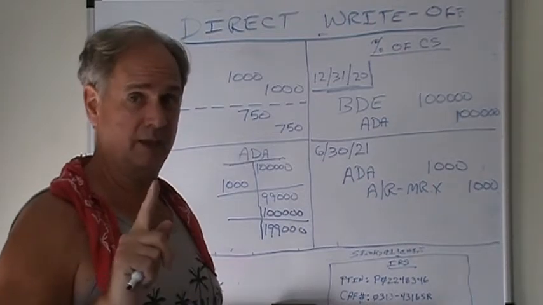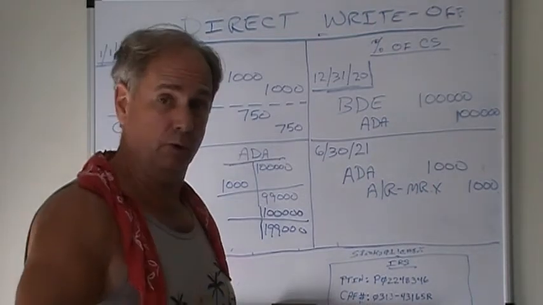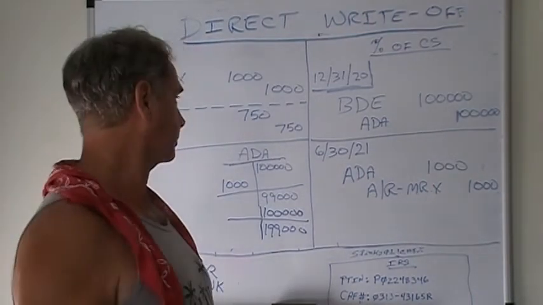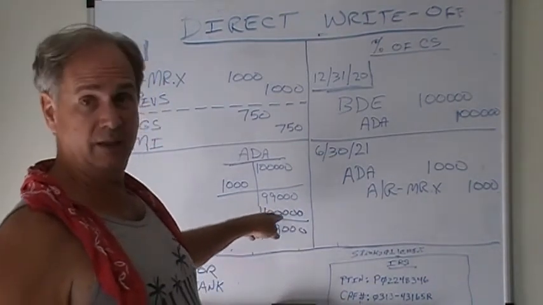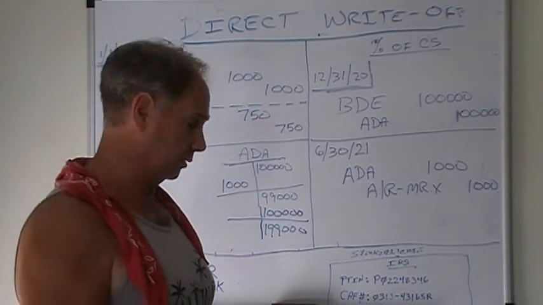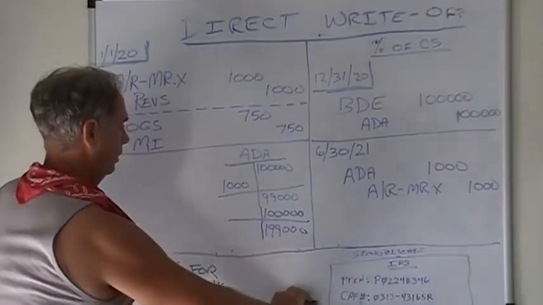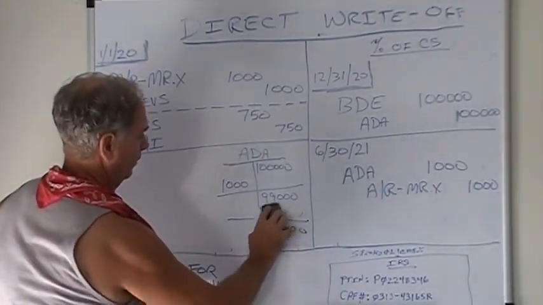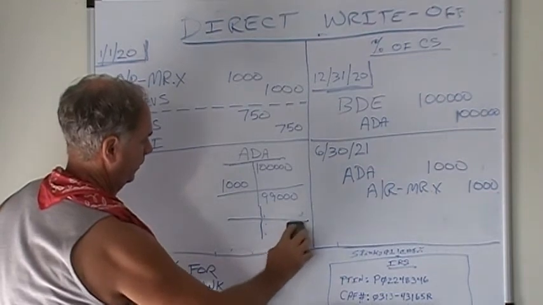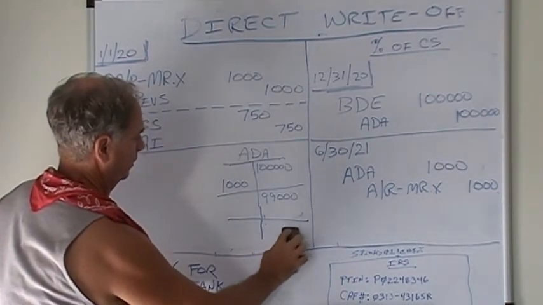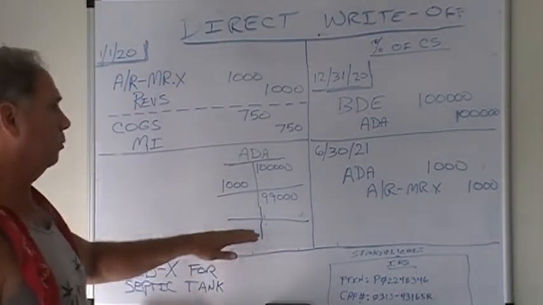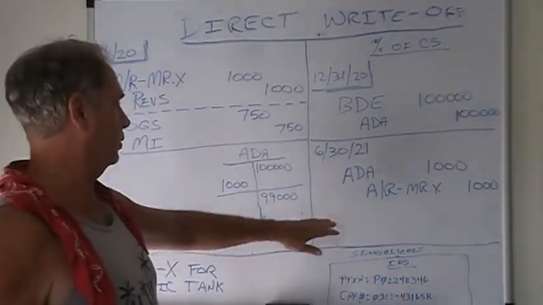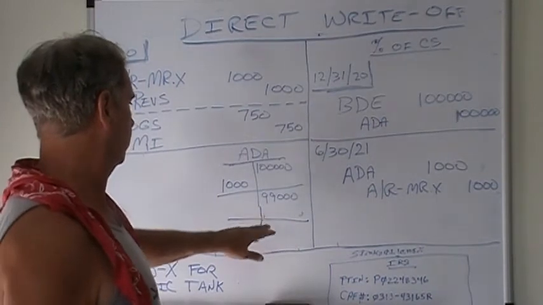Not that year's accounts receivable, the total of accounts receivable. And you're also keeping in mind the balance in the allowance for doubtful accounts. So let's back up. Okay, so we're now moving into 2022. All this still holds true.